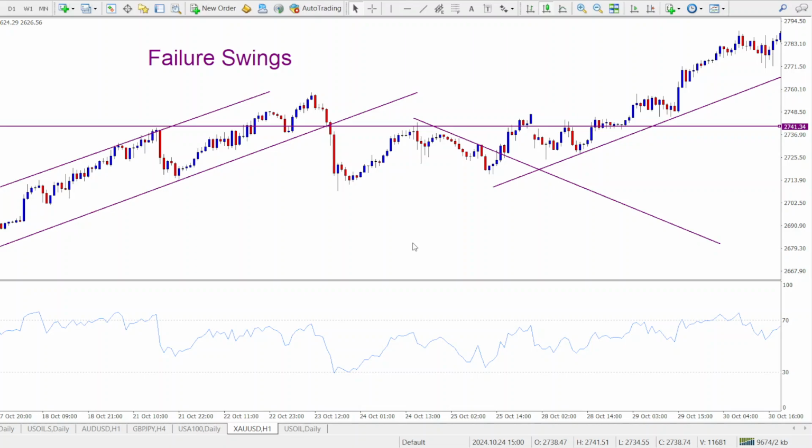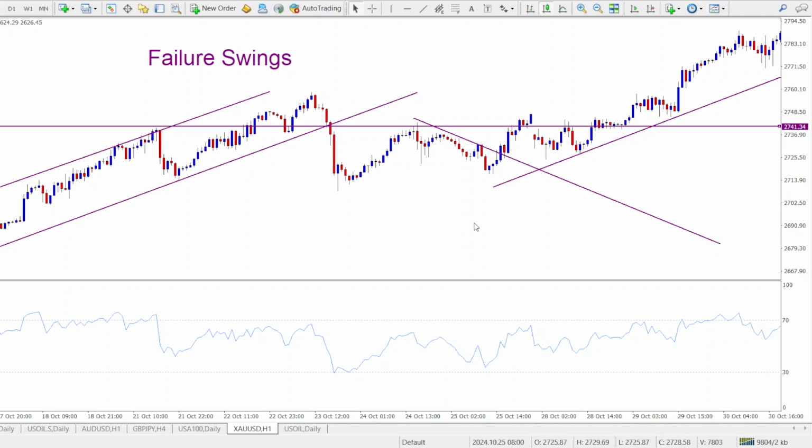So if you jump in too early, you might get stopped out before the reversal happens. Another mistake is not confirming the failure swing with other indicators. Remember, failure swings are only one piece of the puzzle. Without confirmation from other tools like trend lines, volume or momentum indicators such as the RSI, the MACD or the stochastic oscillator, you could end up trading false signals. And you wouldn't want that, right?